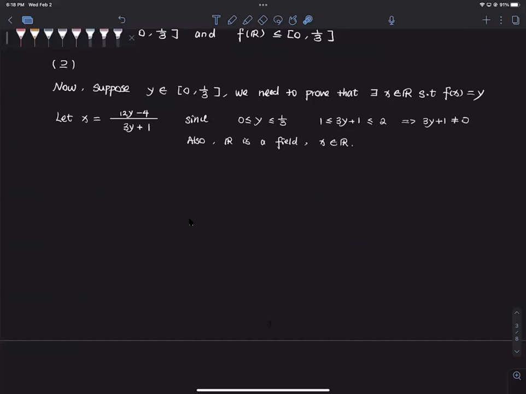So now, moreover, this part might be slightly harder to follow. Since y is in between 0 and 1/3, let me write my x as 4 times 3y minus 1 over 3y plus 1.